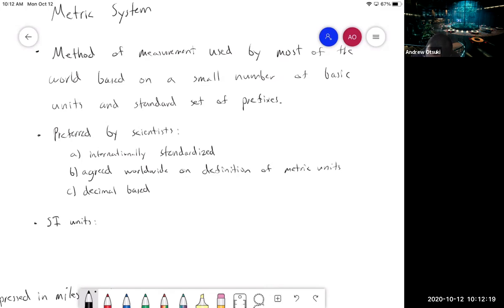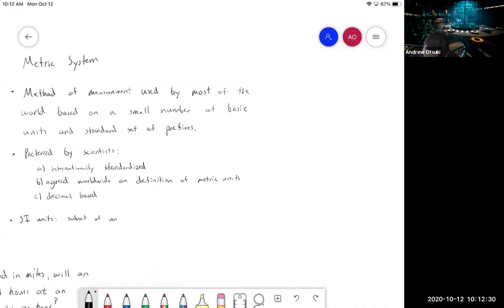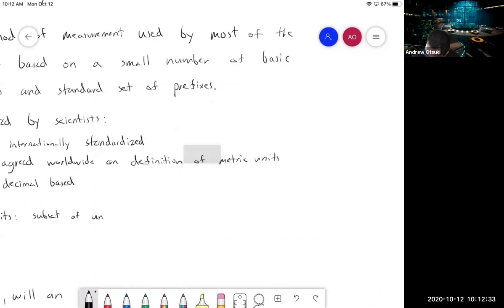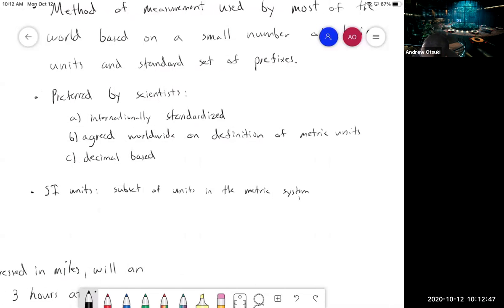They are a subset of units, the International System.